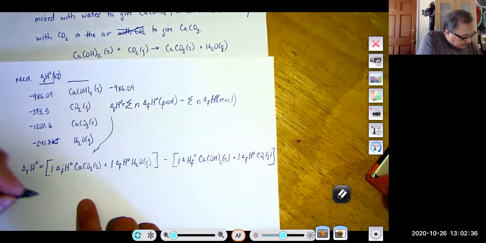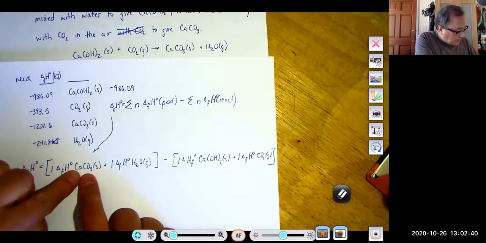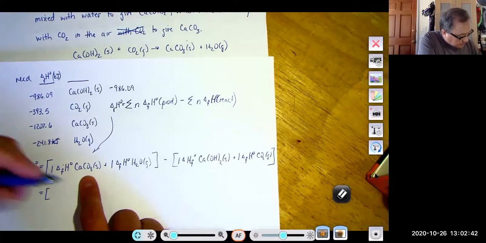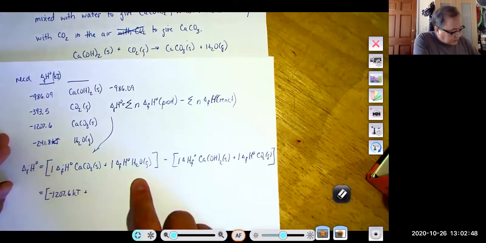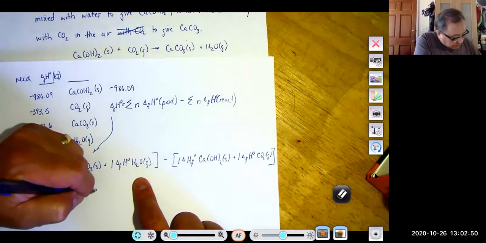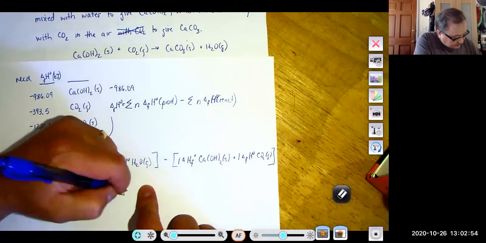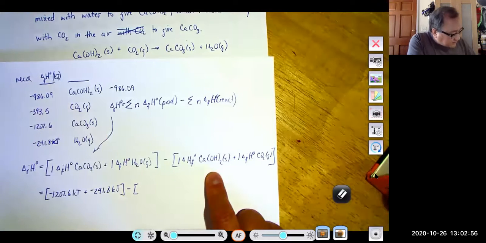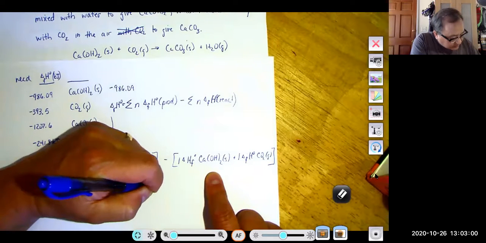Now, when we fill in the rest of this, we can ignore the ones, and we basically have calcium carbonate is minus 1,207.6 kilojoules. H2O is negative 241.8 kilojoules. Calcium hydroxide is minus 986.09 kilojoules.